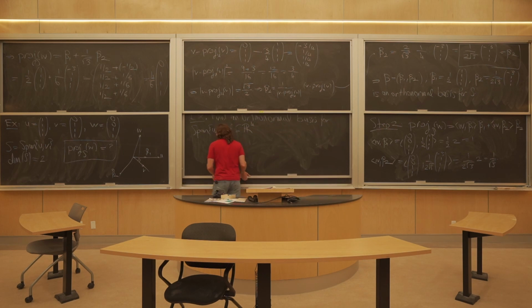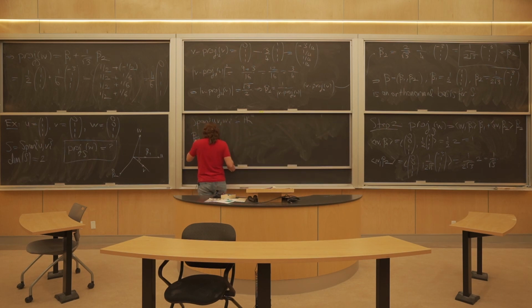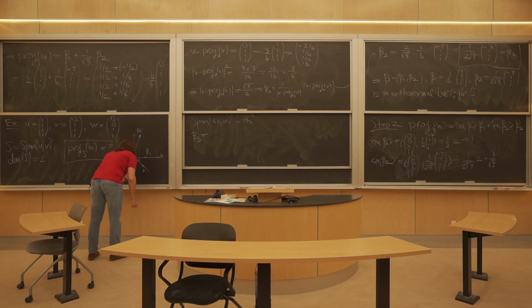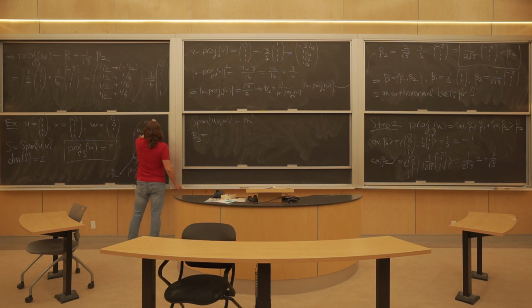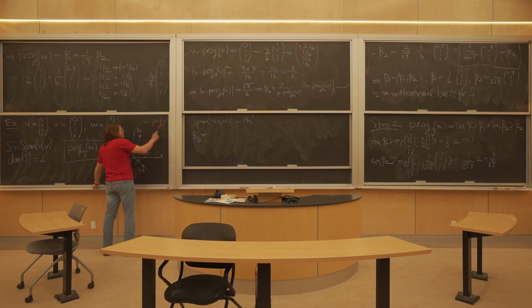So what I can do is I want to have a beta 3, and that's going to be this vector right here. Because this is the orthogonal projection, and this vector is going to be the difference. So I'm taking this vector. I know that it's orthogonal to S, in particular orthogonal to beta 1 and beta 2.